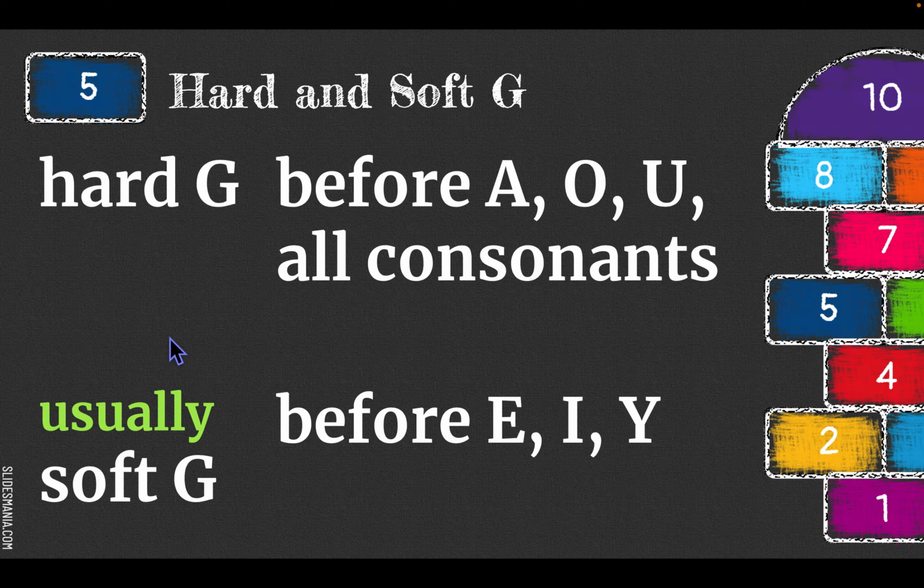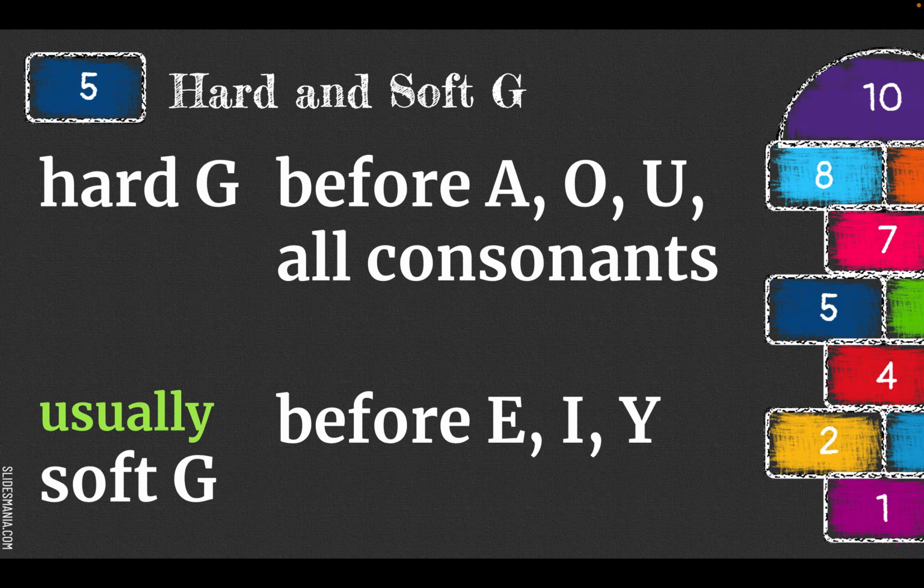Now, one difference is that the soft C sound of S is always used before the letters E, I, or Y. Most of the time, usually the letters E, I, and Y change a G to the soft G sound of J. But unlike the letter C, this is not always true. It is true most of the time, but as we will see on a different slide, there are some very common words where this is not true.